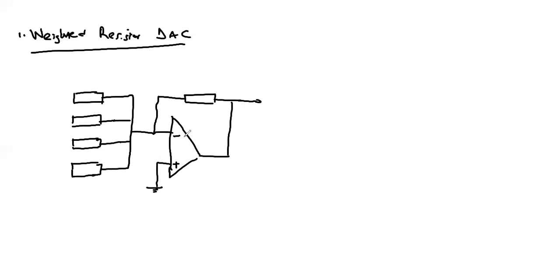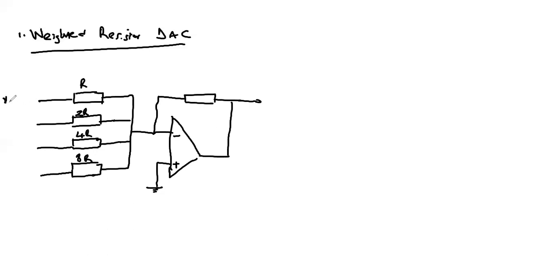So this is our operational amplifier in its inverting mode. The resistors are in a ratio of 1:2 from one resistor to another. So if we start with R, we have 2R, 4R, and 8R. The resistors bear an inverse relationship in terms of the bit contribution.